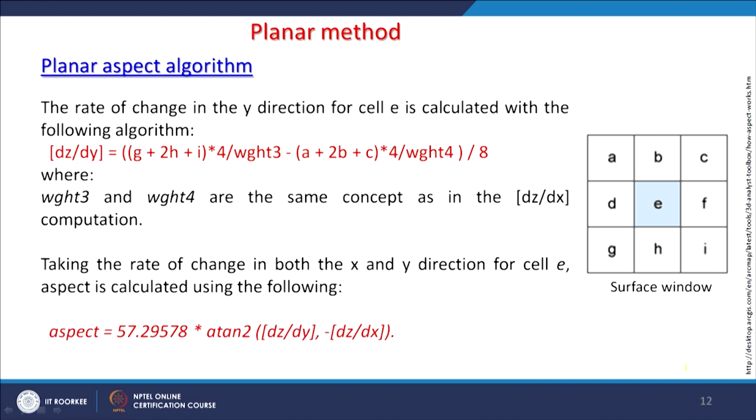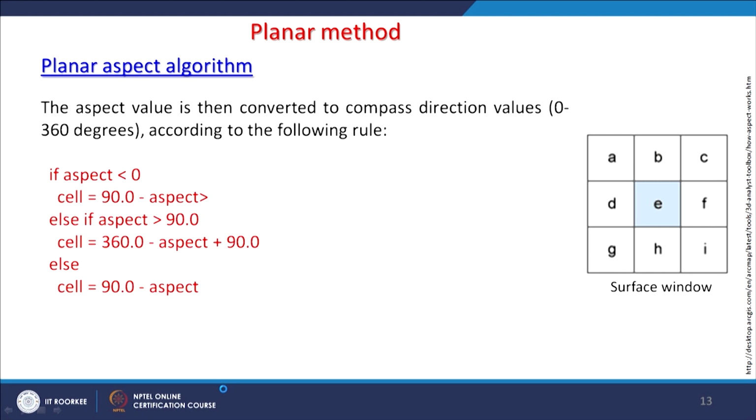Further, for the rate of change in the y direction, similar to the x direction, you would do the same. Then, taking the rate of change in both directions x and y, for each cell the aspect is calculated using the following formula: aspect equals a constant times atan2 of (dz/dy, minus dz/dx). Now, the aspect value is then converted to a compass direction, between 0 and 360 degrees, according to the following rule.